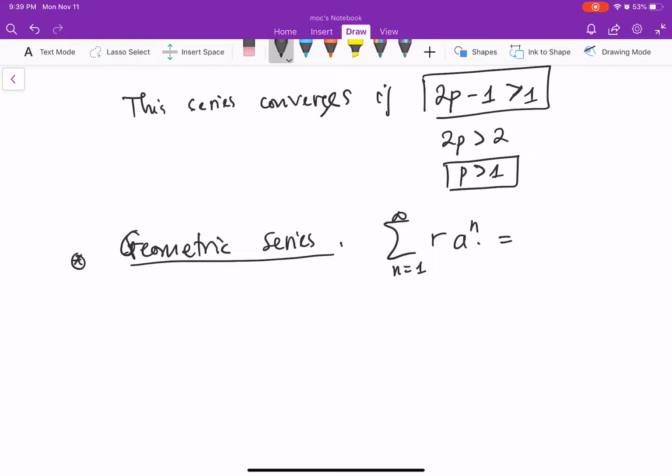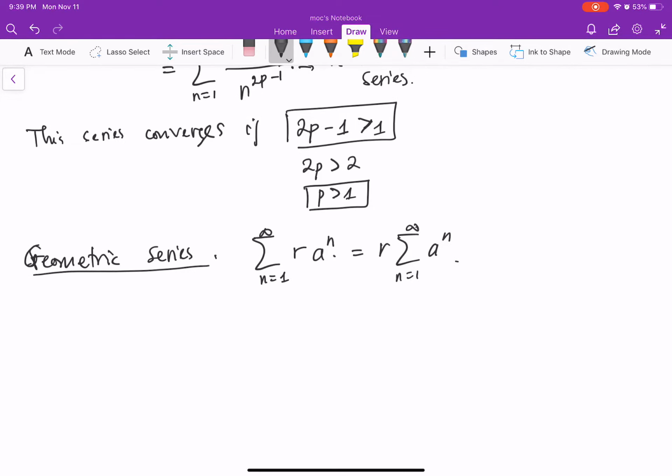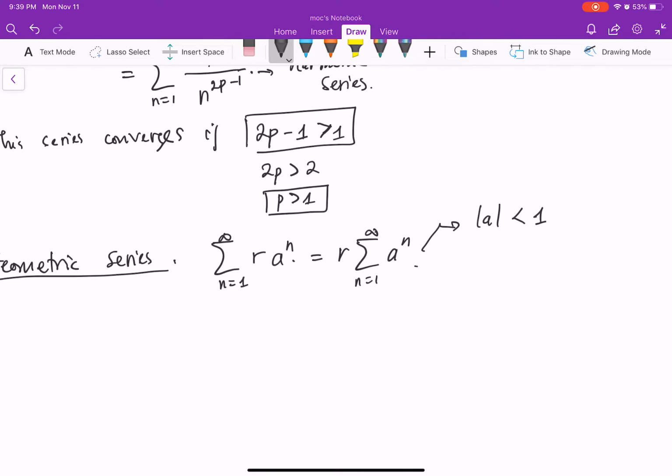We know this series converges if the absolute value of a is less than 1. If the absolute value of a is greater than or equal to 1, it diverges.